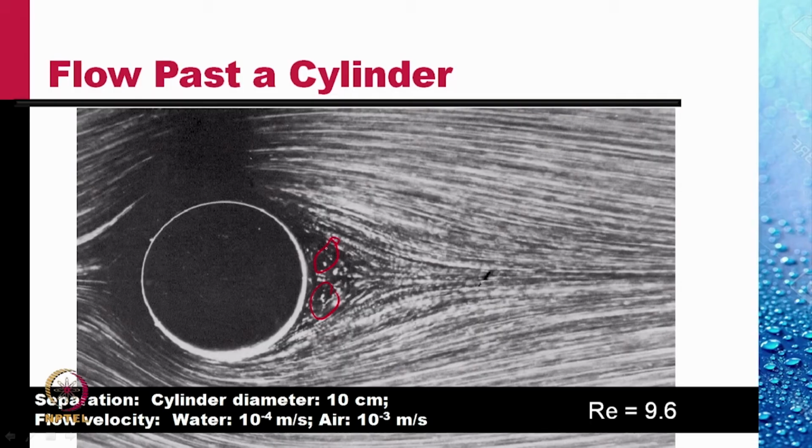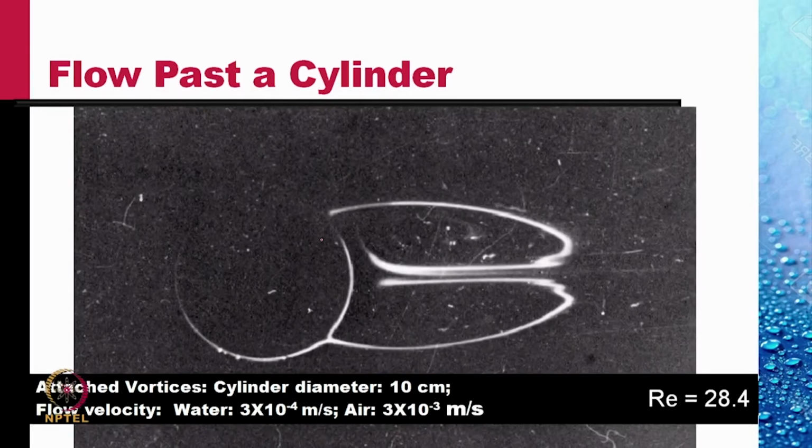The fluid from this region does not leave. The flow coming in from here goes around and passes by, leaving this flow to be stagnant there. At a still higher speed, we can see these vortices very clearly.